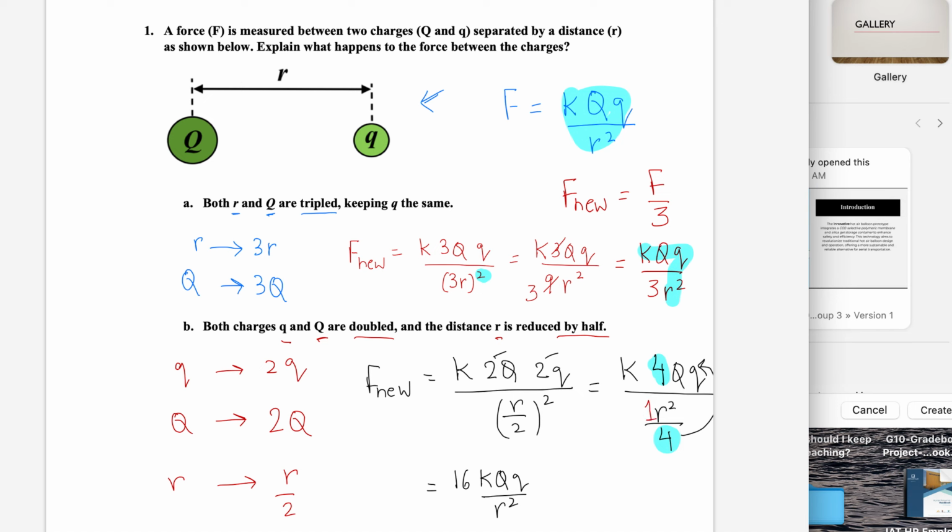So that means it is 4 divided by 1 over 4. In the calculator, if you do that, you are going to get the number 16, the same number which we got here, 16. So what do we see? The new force has increased 16 times. So F new is 16 times the original force.